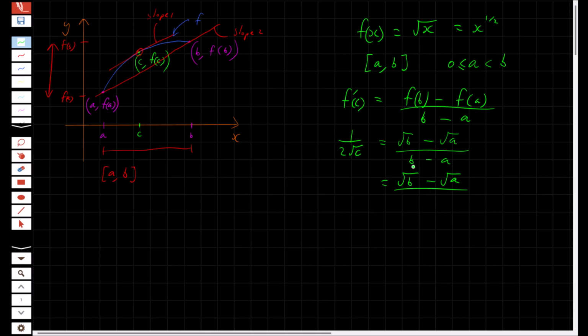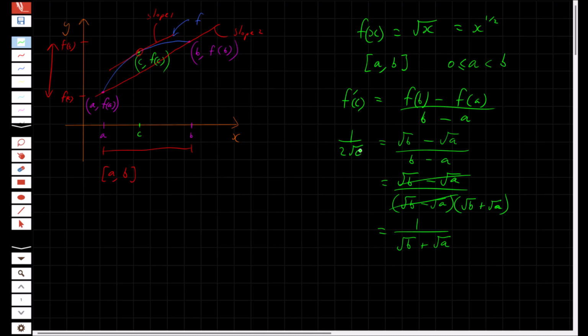So let's write the b take a as the square root of b, take away the square root of a, multiplied by the square root of b plus the square root of a. This is simply b take a if we were to multiply this out. But by doing this, we can cancel out this factor with this factor. So this is now written as 1 over the square root of b plus the square root of a.